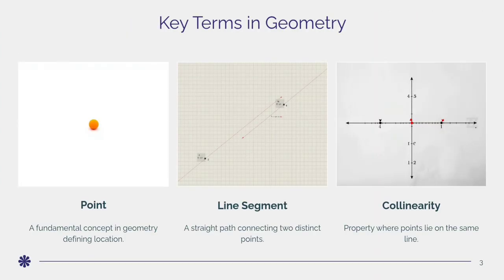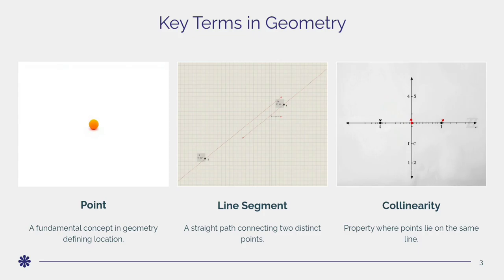There are three key terms in geometry. First one is point, second one is line segment, and third one is collinearity.